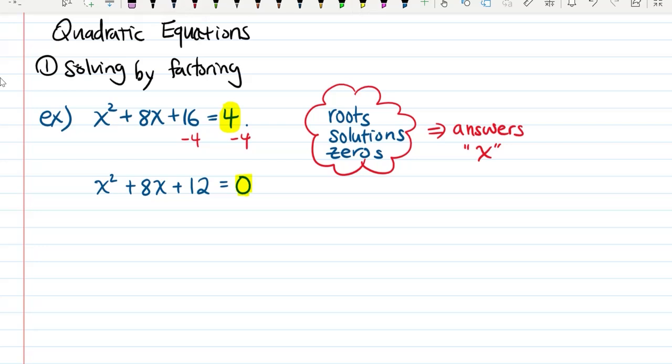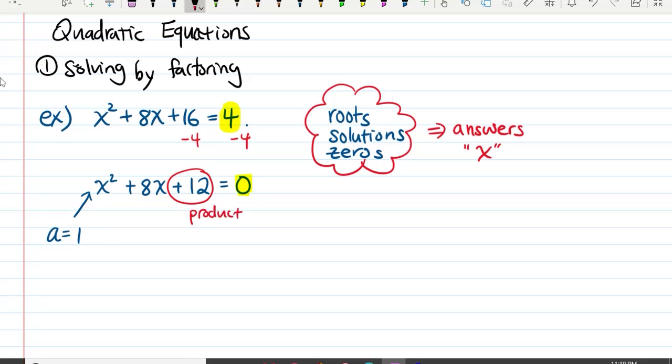So here the leading coefficient of the equation is 1, a equals 1, so that means we're going to use the simplest factorization, which is using the product of 12 and sum of positive 8. So this will tell us the product, and this will tell us the sum.